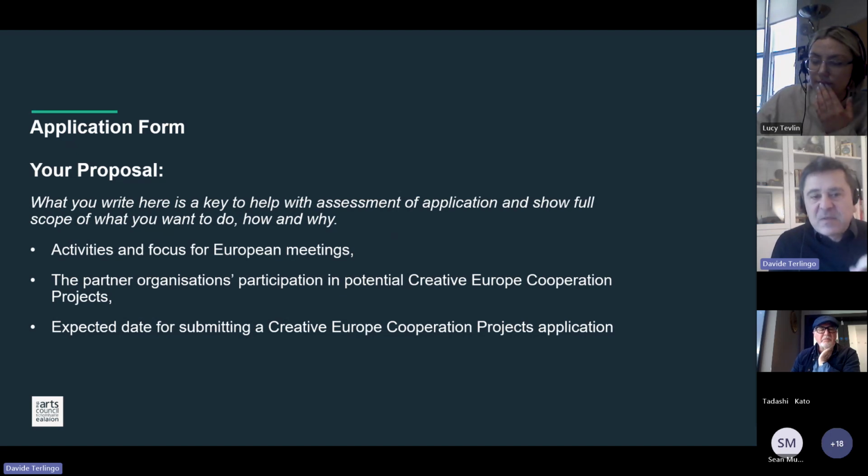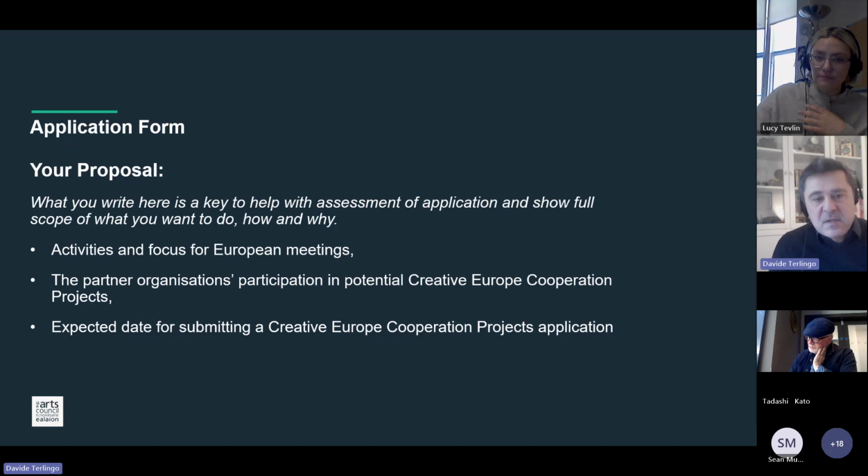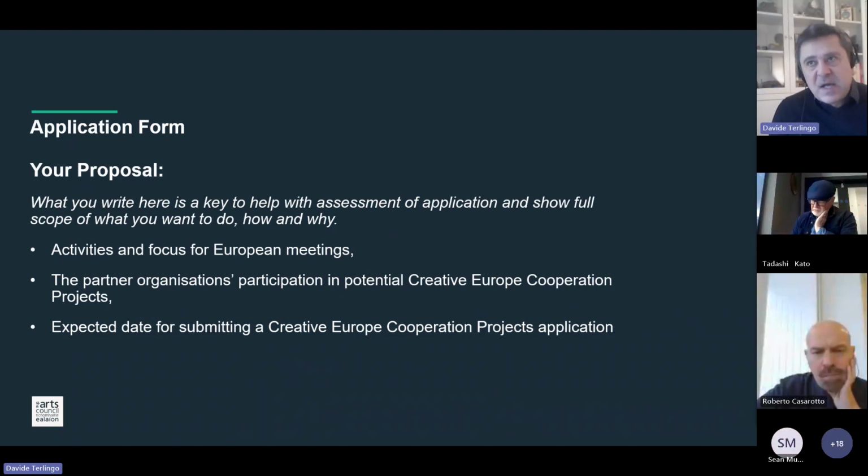But just to give you some advice of what we are looking for here, when you provide information in your application form under your proposal, please help us to understand what you're going to do when you meet the partners, and what the focus of these meetings is. Please also help us to understand not only who the partner organization hosting the meeting is, but also the cohort of organizations that will be part of the Creative Europe cooperation project.